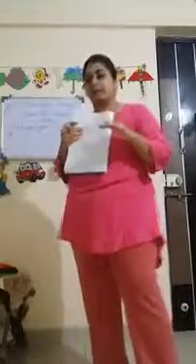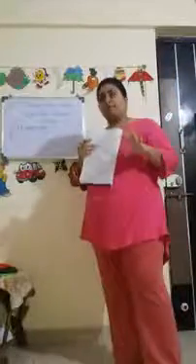The admission form is given at the time of registration, right? The very first step. You get a book in which you have to fill this out. Why the admission form?